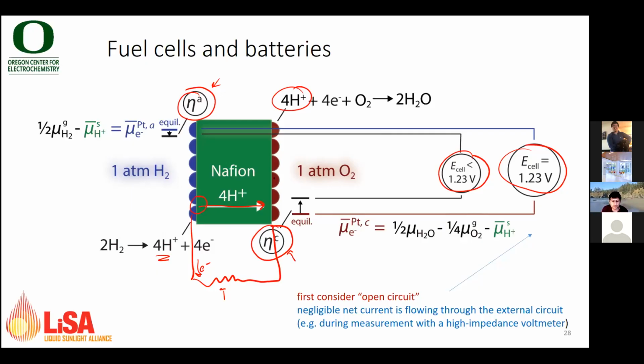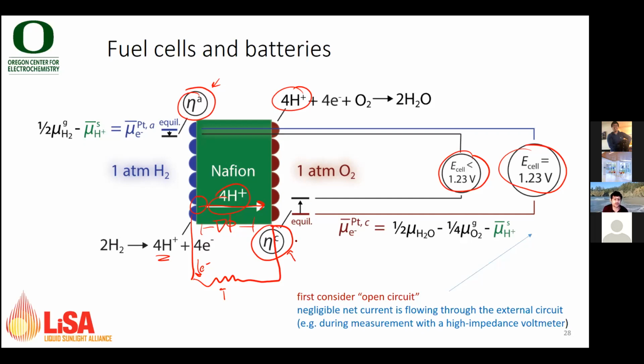Shane's going to talk a lot about this in coming lectures. There's also a loss moving through here. There's an ohmic resistance. So I'm going to have some gradient in the electrostatic potential moving in the Nafion. That gradient in electrostatic potential is going to drive current based on Ohm's law, E equals IR, and that's going to give me a loss in the Nafion.